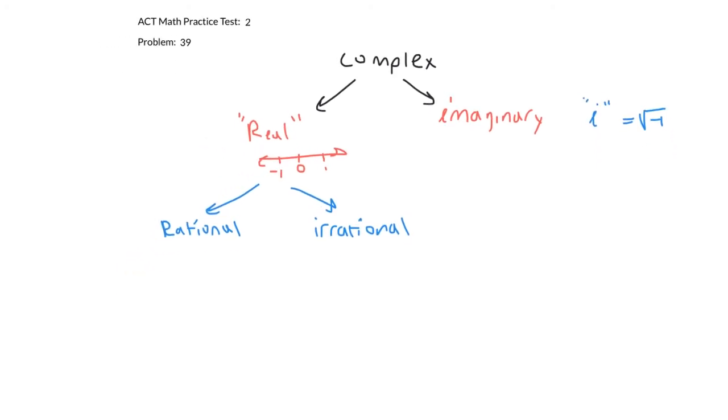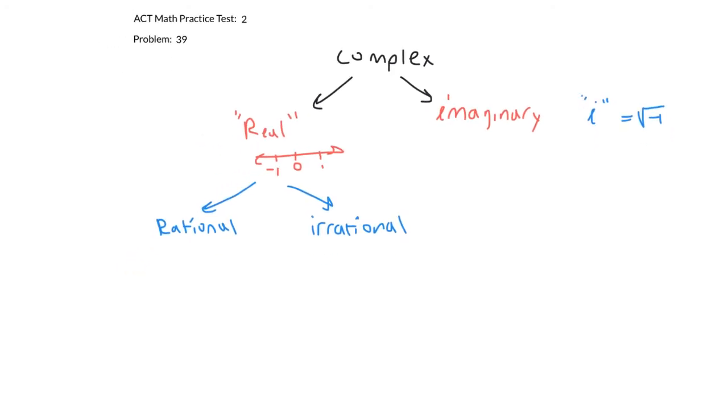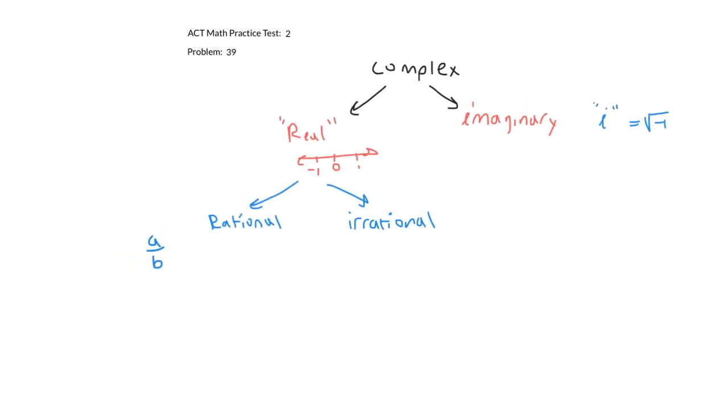Now, rational numbers are numbers that could be represented as A over B, where A and B are integers. Now, integers is usually represented by the Z. Now, an integer is a whole number, positive or negative.